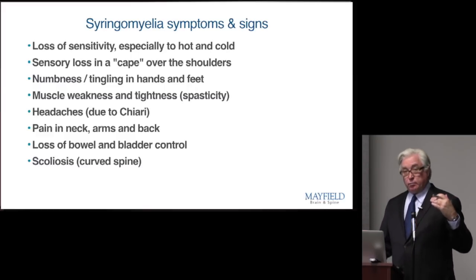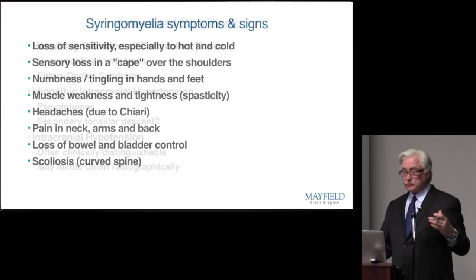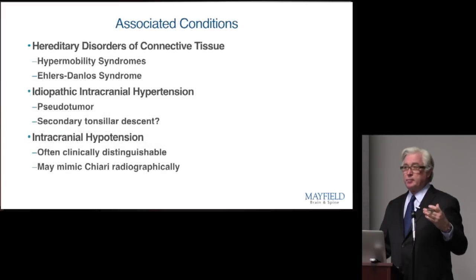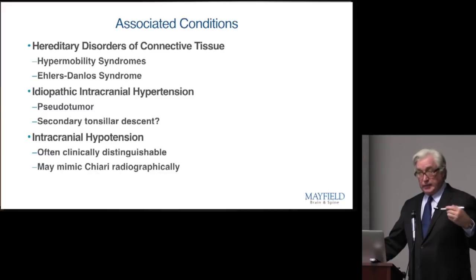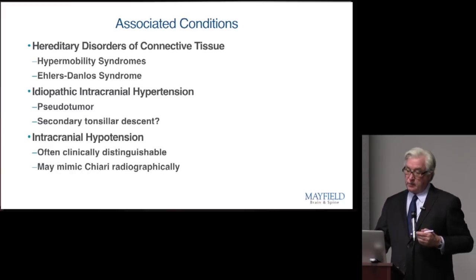And this can progress to severe incapacity. And maybe that's what happened with Bobby Jones. We don't have the documentation to show us that, but that fits a progression to an end stage of a continually expanding syrinx, loss of spinal cord function.